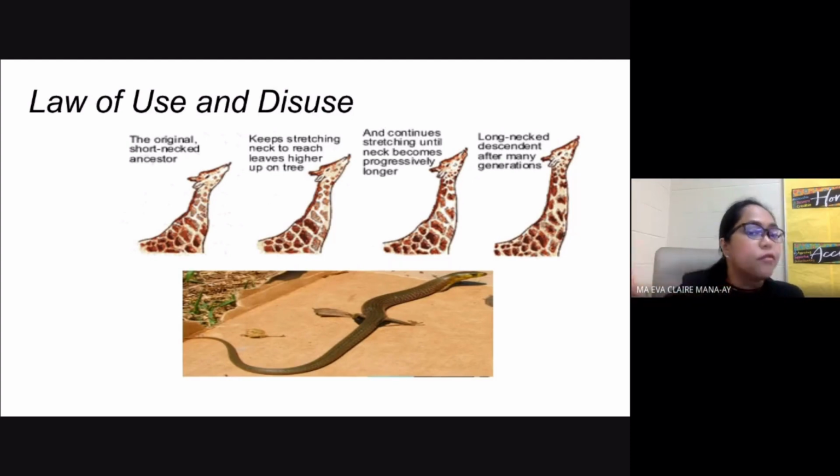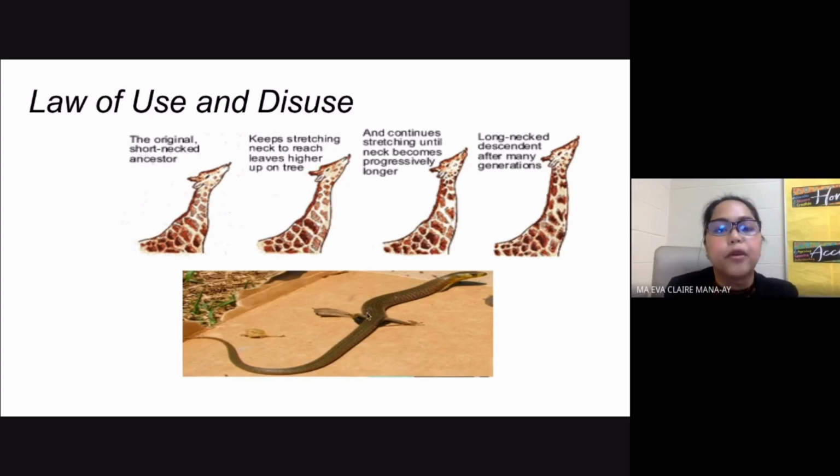This, of course, is an example of their adaptation. It enabled them to get their source of food, which were the leaves and the branches of trees. And eventually, the giraffes that we have now, the giraffes that you see in zoos right now, already have long necks. So this is according to Lamarck's law of use and disuse.